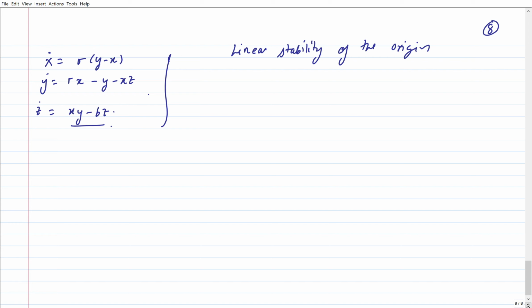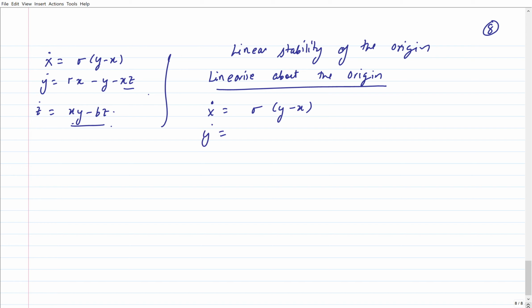When I linearize about the origin, I remove the nonlinear terms. I get x dot equals sigma (y minus x), y dot equals r x minus y, z dot equals minus b z.